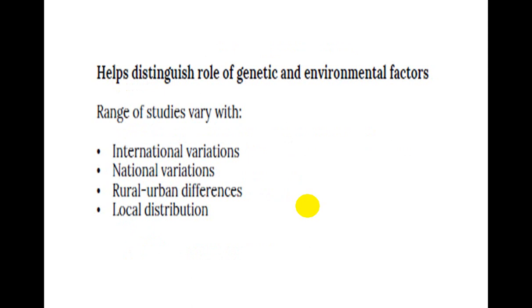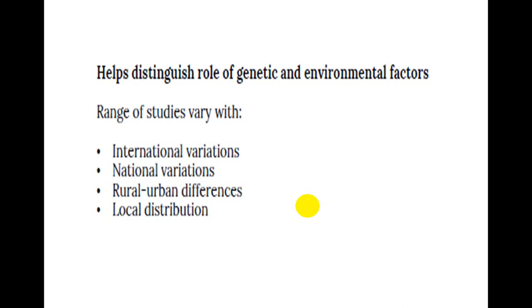International variation includes the descriptive studies by place, which have shown that the pattern of disease is not the same everywhere. For example, we know that cancer exists all over the world, but there is a marked difference between the incidence of each cancer in different parts of the world. Thus, cancer of the stomach is very common in Japan.